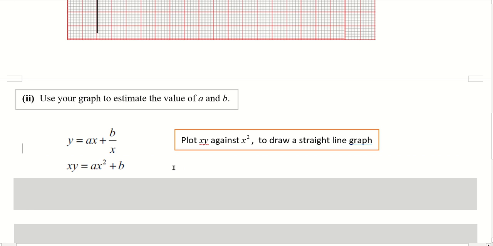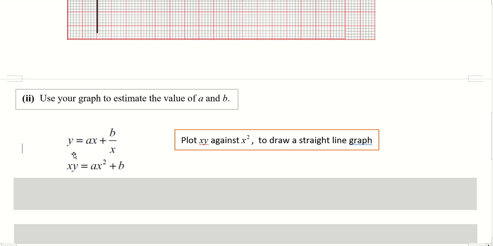So if you multiply by x throughout, left hand side times x, right hand side times x, you actually get this. And if you inspect this equation, you realize it's actually big Y equals m big X plus c.